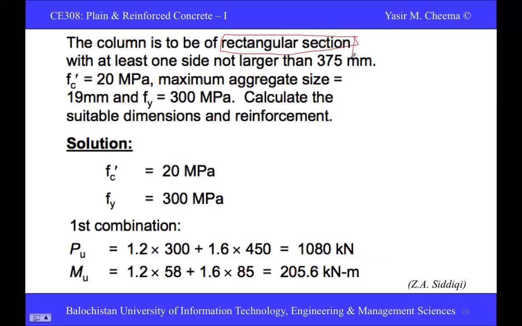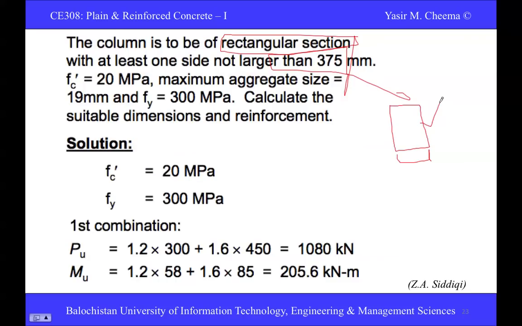Another restriction is that at least one side must not be larger than 375 mm. Let's say this is a rectangular column. One side, either this side or this side, should be restricted to a maximum of 375 mm.